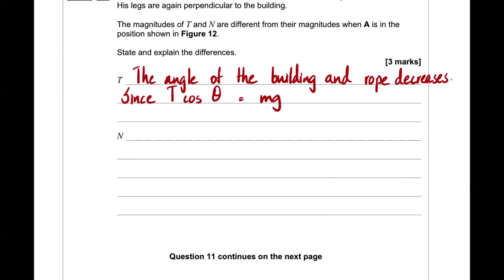Since T cos theta equals mg, as theta decreases, cos theta increases, causing T to decrease.